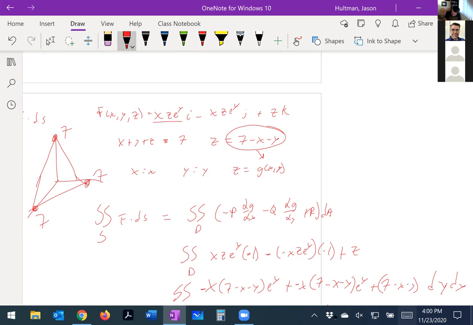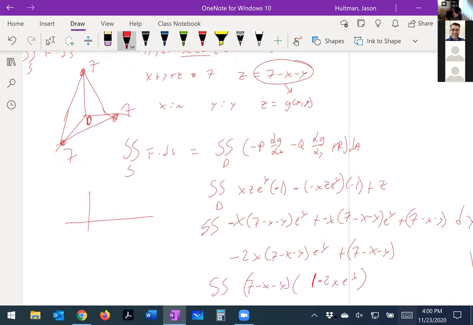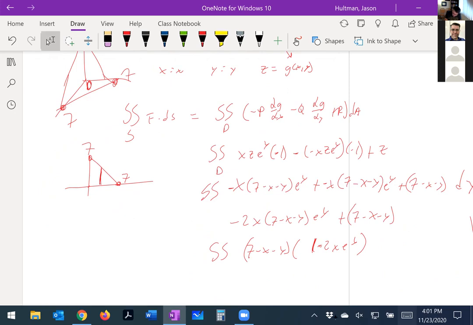Okay, and so what's D look like? D is going to look like this guy here, 7, 7. And so y is just going to go from 0 to 7 minus x, and x is going to go from 0 to 7.